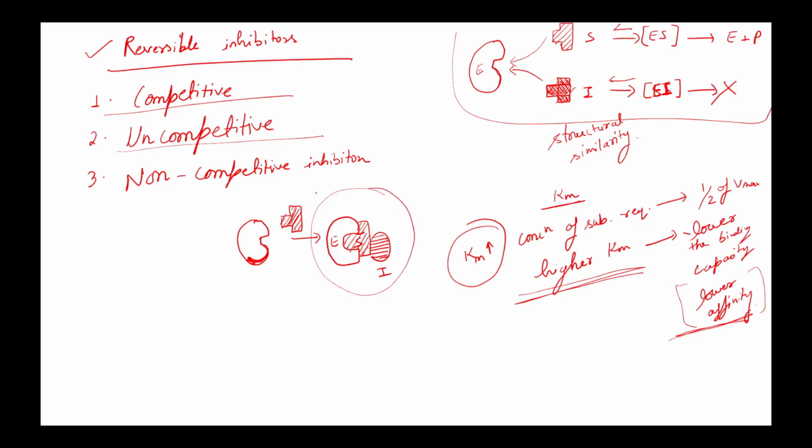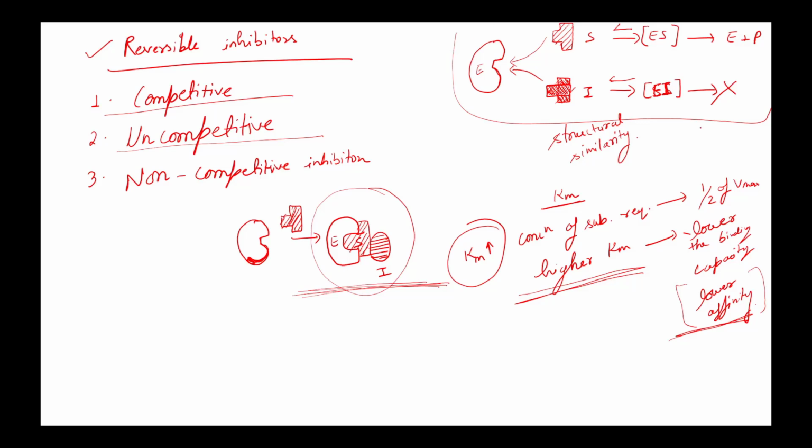This uncompetitive inhibition generally takes place in those enzymes where 2, 3 or more substrates are involved in some enzymatic reaction. So it impacts the enzyme in such a way, because it is only binding to the substrate bound enzyme, it decreases the Km of the reaction, and the Vmax of this reaction is also changed.